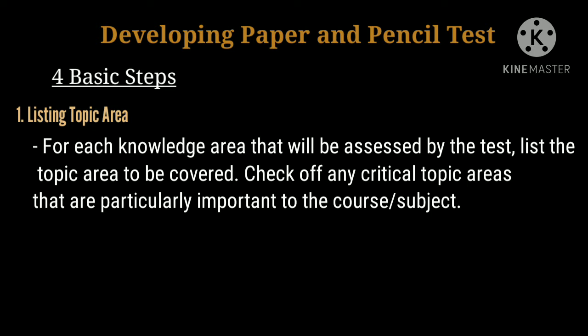So for example, guys, the topic areas that will be covered for us to pass this course include psychological tests, psychometrics, test construction, test standardization, psychological constructs and their measurements, and applications to computer programming.